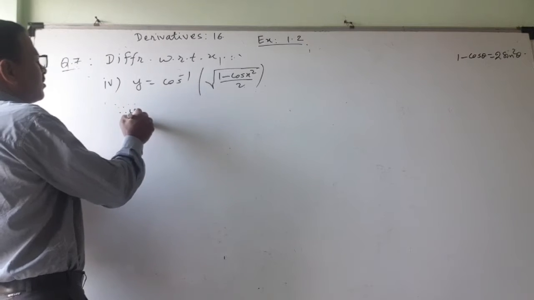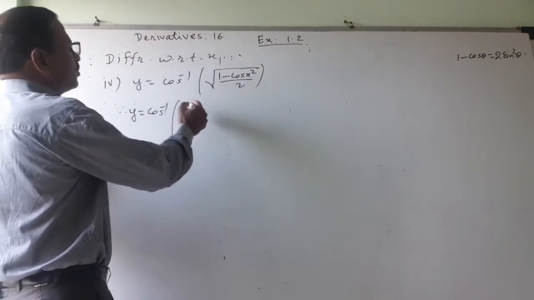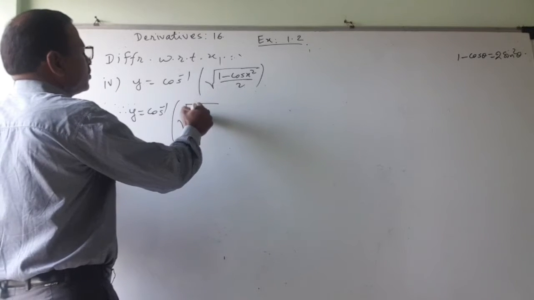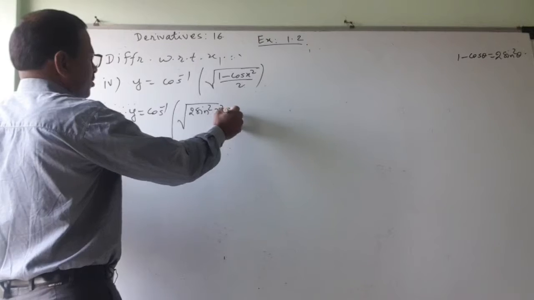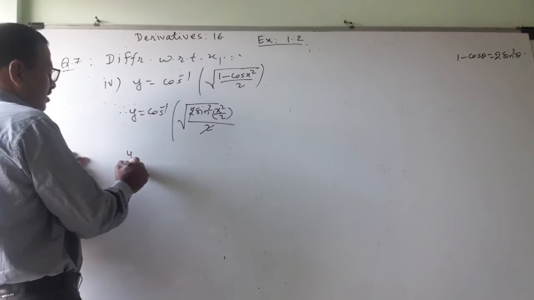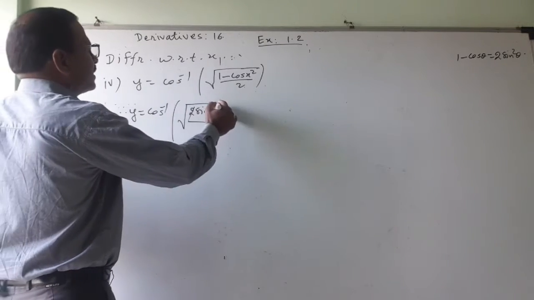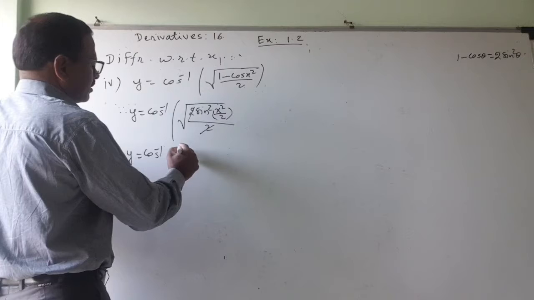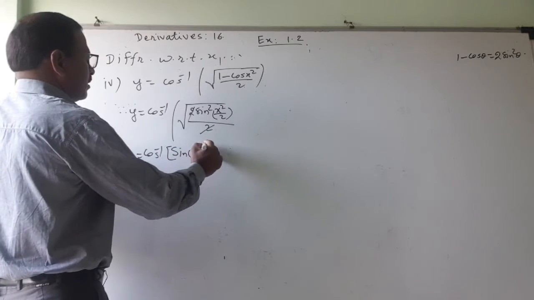Therefore, y is equal to cos inverse of 2 sin square, angle is x square by 2, so the 2 cancels. And y is equal to cos inverse of sin of x square by 2, as the root cancels.